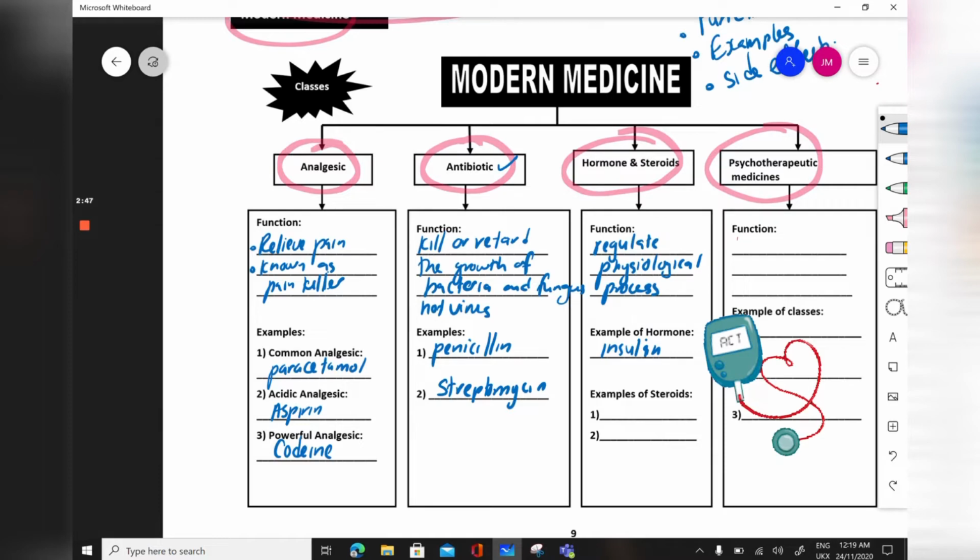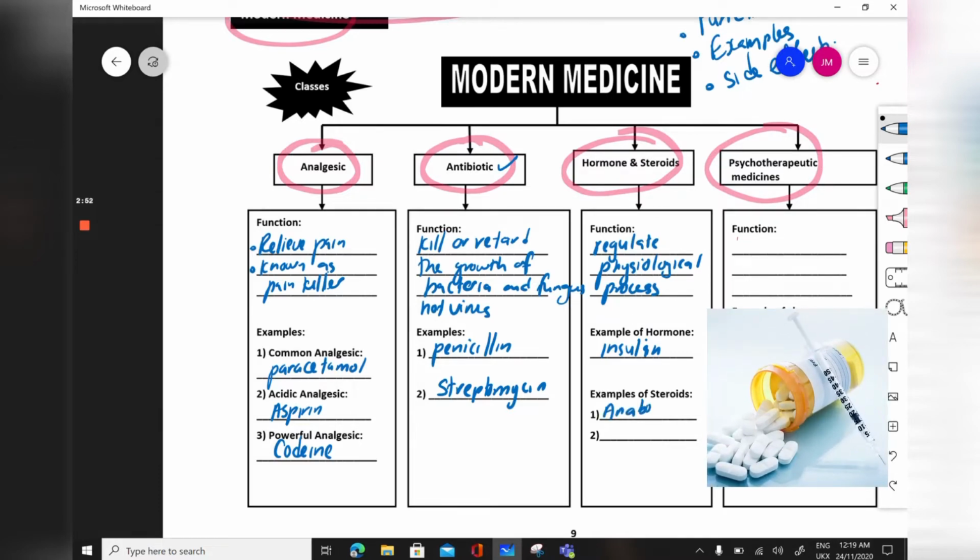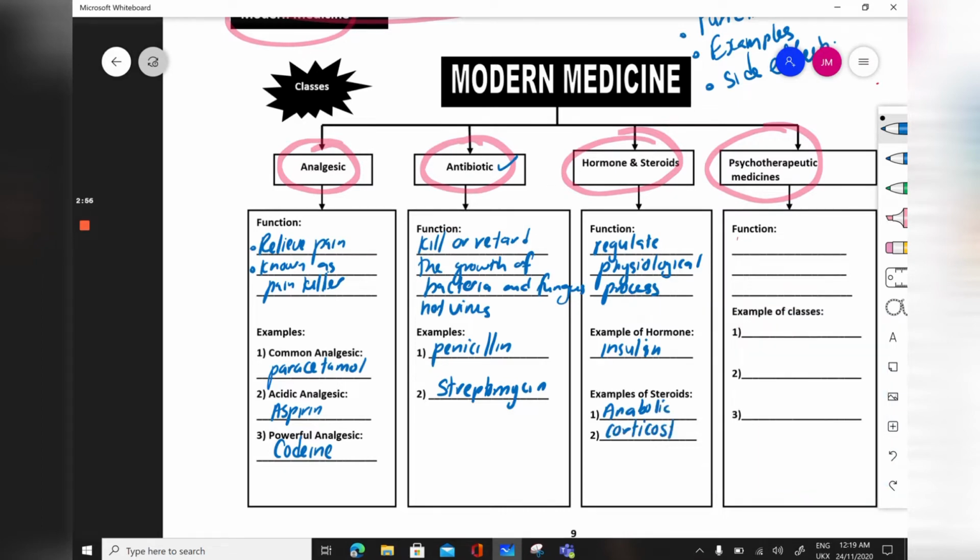Steroid is made up of lipid compound. Examples of steroid: number one is anabolic steroid, number two is corticosteroid. Later we will check the function of the anabolic steroid and corticosteroid, as well as their side effects.